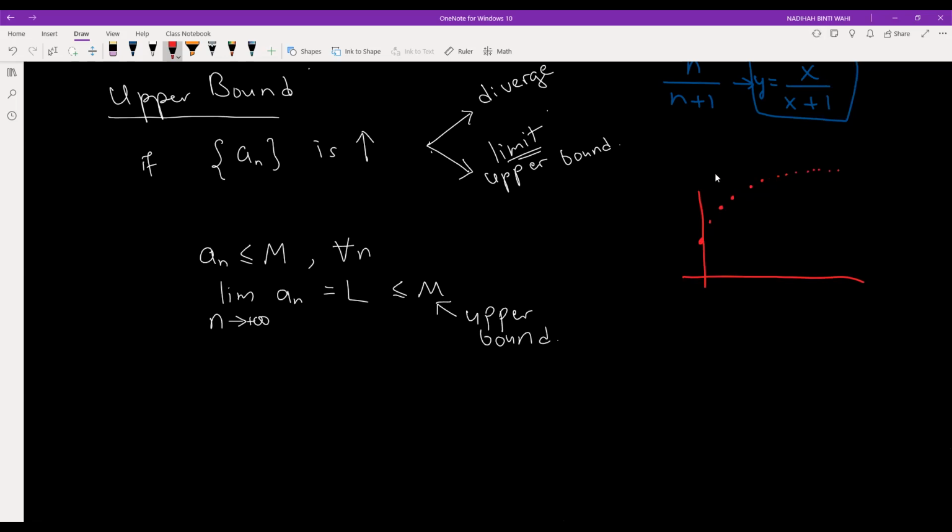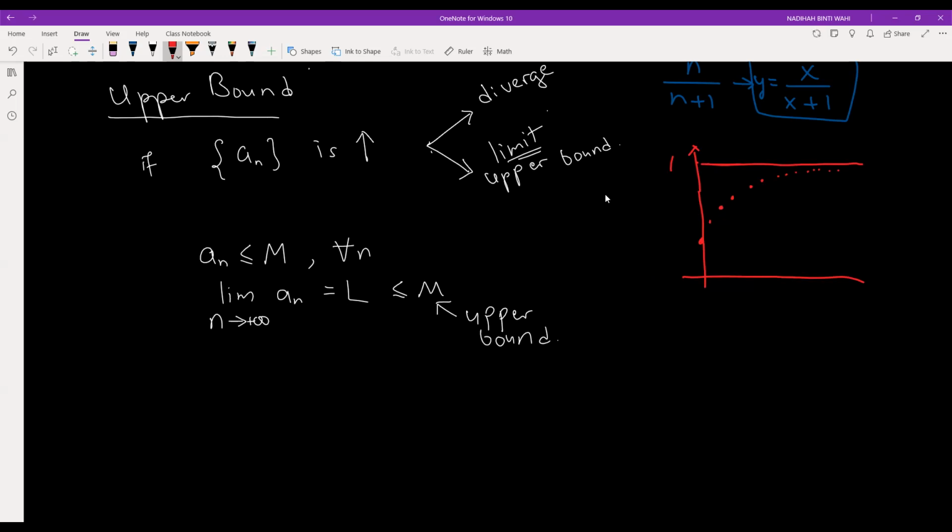So if you take the limit as n goes to infinity, the limit is equal to L, and L is equal to 1 in this case. So the upper bound in this case is 1 if you take the limit.